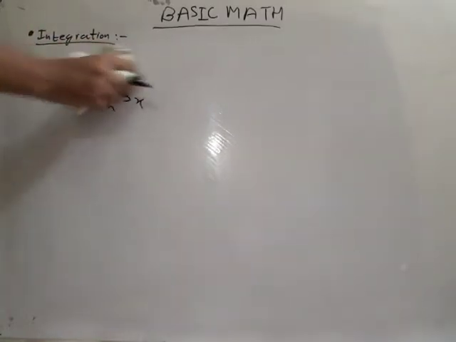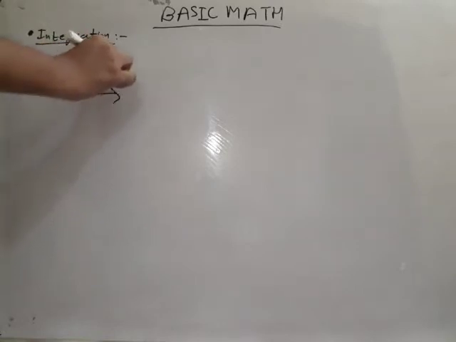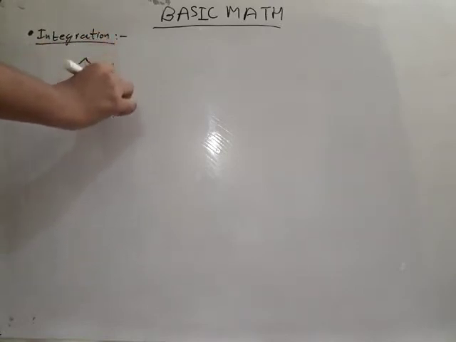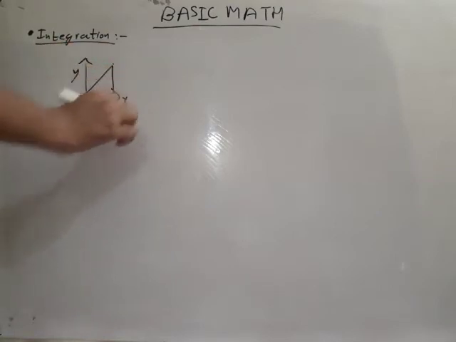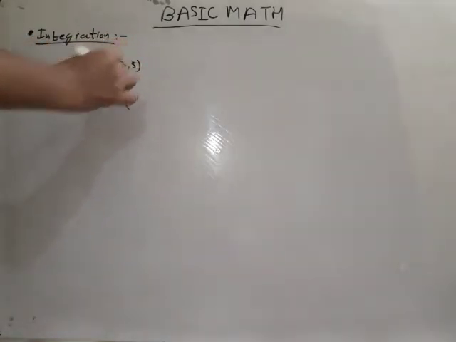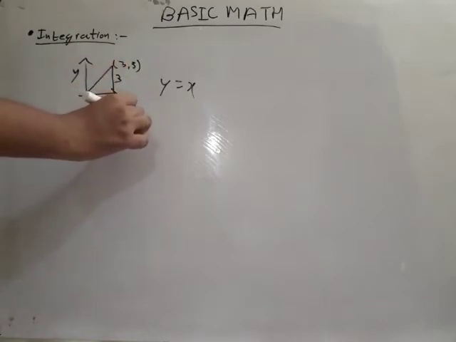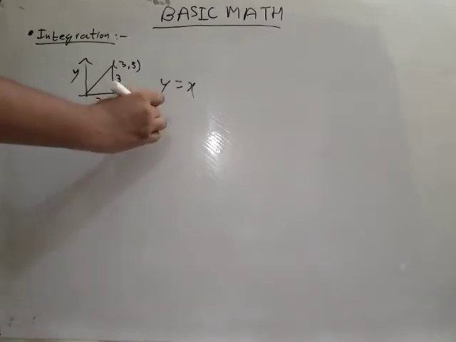So now let's see the second example. Suppose this is a straight line, okay, this is the y-axis, this is the x-axis. We have to find the area up to 3, such that y equal to x. Now through common sense, this is a triangle, it has base 3 and height 3, so area comes out to be 1 by 2 into 9, equal to 9 by 2.